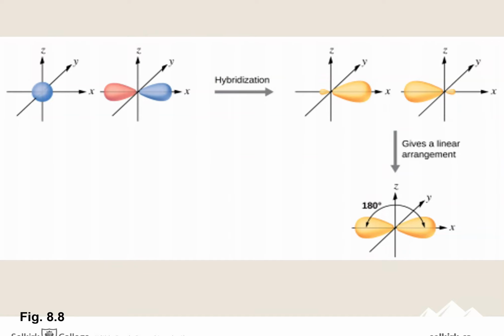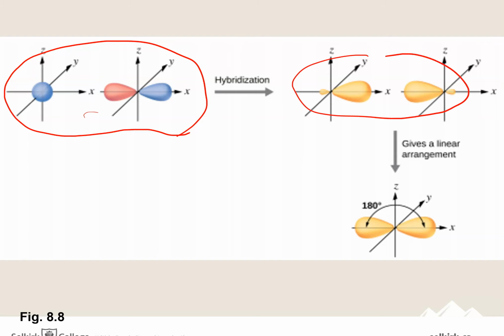And now, just because I'm not the greatest artist, let me show you the cartoons that the textbook shows you. Again, the hybridization we got when we mixed an s with a p. And we got a set of two sp hybrids that were directly across from each other. And when we put those together on the same coordinate system, that's the sketch of the sps I was trying to draw for you.